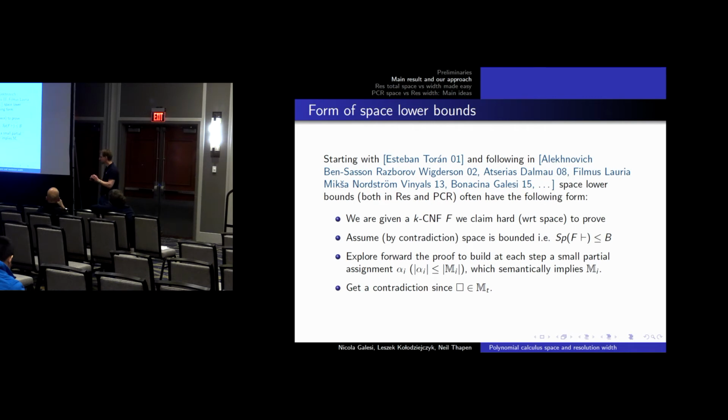This partial assignment alpha sub i satisfies M sub i, and hence in particular M sub i definitely doesn't contain a contradiction. The way I do this inductively is that for every new derivation step, I update my alpha sub i. And when I do this, it's very important that alpha sub i, this partial assignment, is not too large. It's upper bounded by the current space. So it should be clear that if I can do this, then I have a space lower bound.